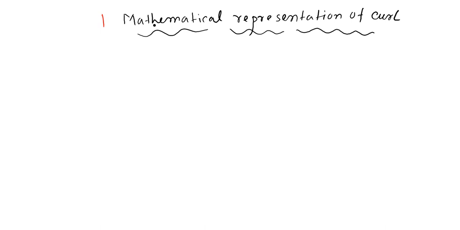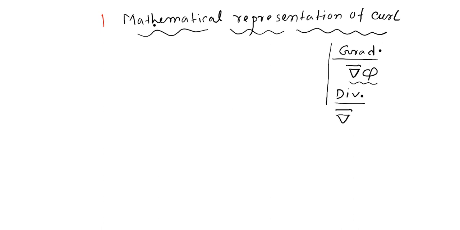Just recall that the gradient is when nabla is associated with a scalar function, let's say phi. It is known as the gradient. The divergence was defined mathematically when nabla is associated with a vector field V through the dot product.